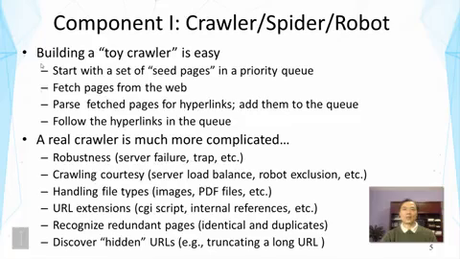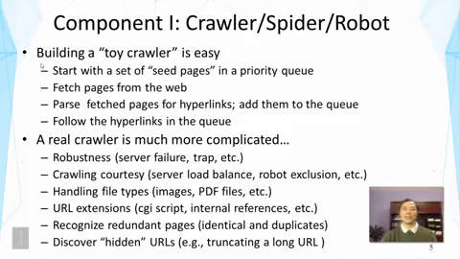You also need to handle different types of files. There are images, PDF files, all kinds of formats on the web. And you also have to consider URL extension. So sometimes those are CGI scripts, and there are internal references, etc. And sometimes you have JavaScripts on the page that also create challenges.